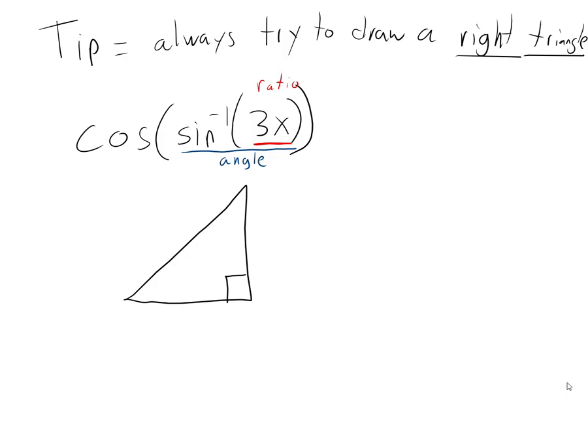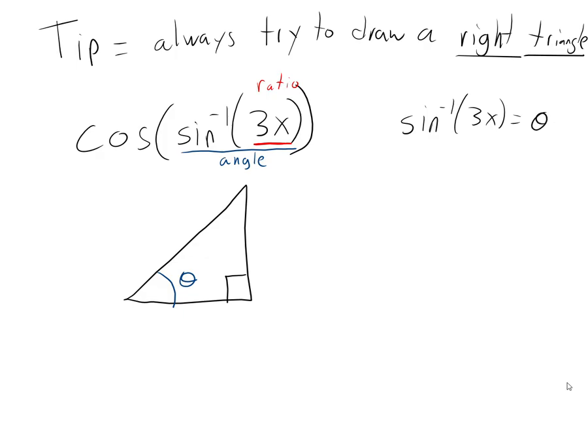So, as a reminder, 3x is the ratio, sine inverse is the angle. So I'm going to go ahead and define that angle, theta. Specifically, the only thing I know about theta is sine inverse of 3x equals theta.